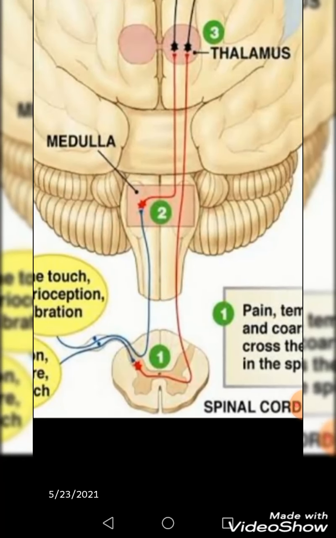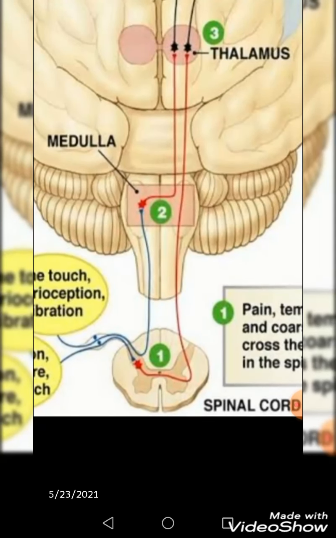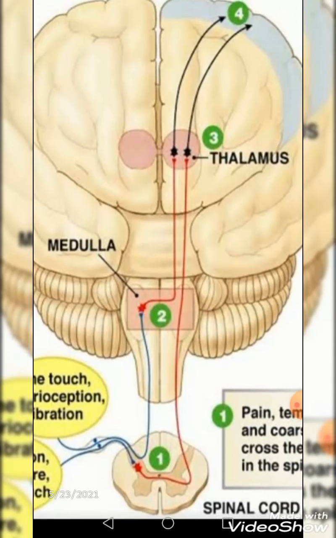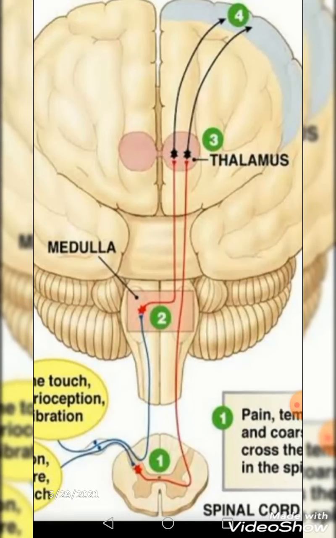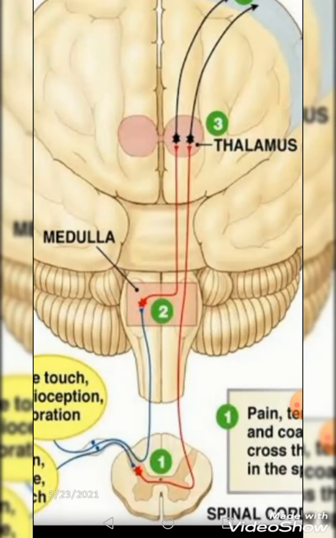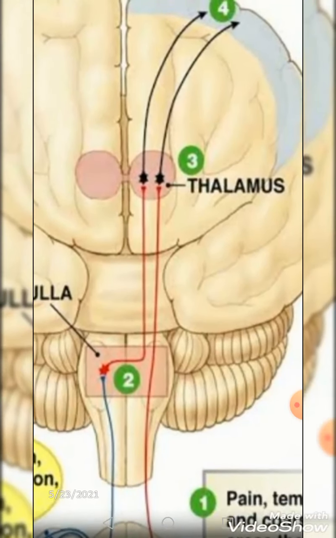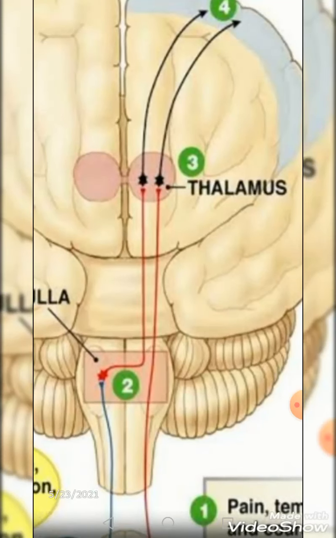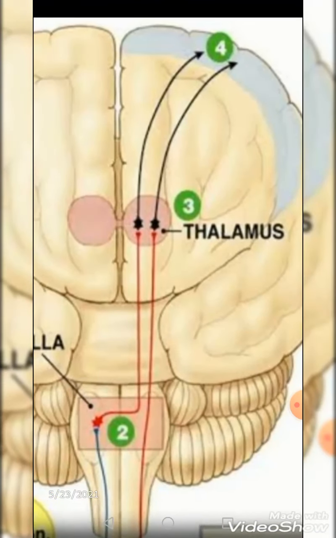These first order neurons are ascending upwards, now reaching towards the medulla oblongata. From here, second order neurons are supposed to reach towards the thalamus, and the third order neurons are supposed to enter the cerebral cortex, and the fourth number is showing the final destination of this whole tract.